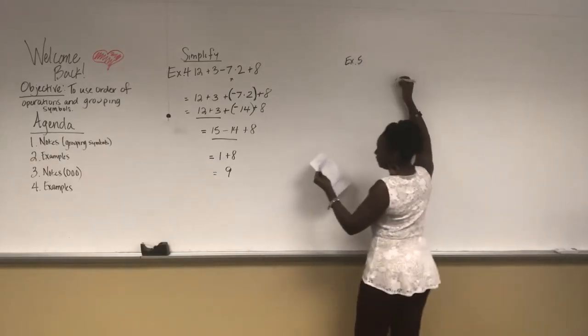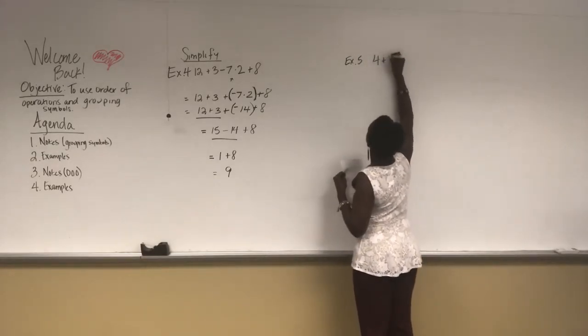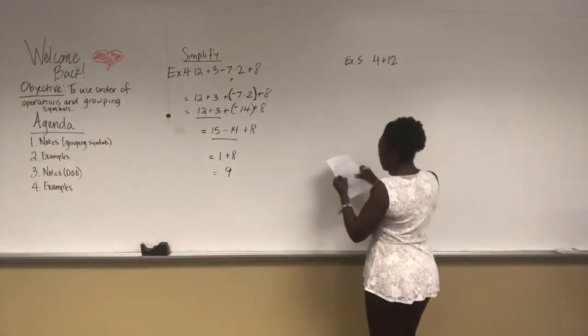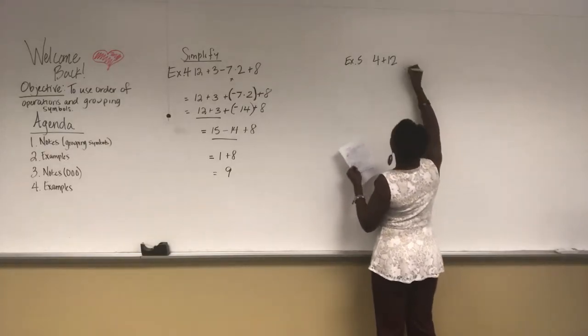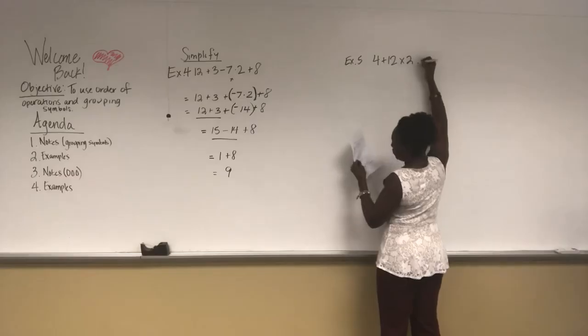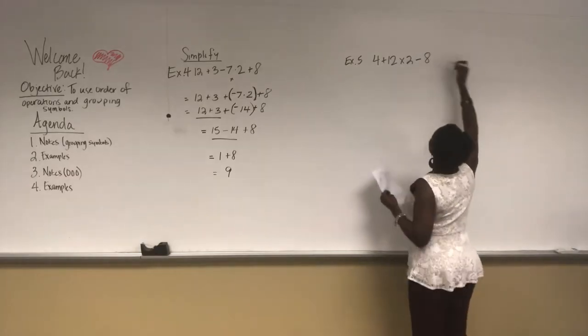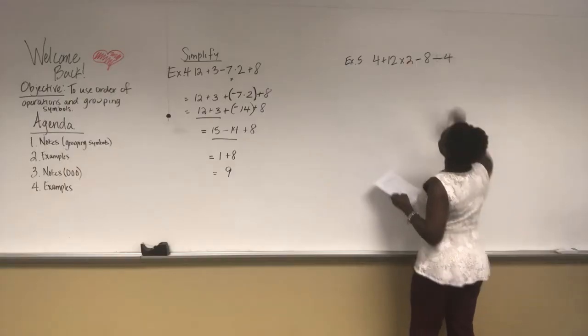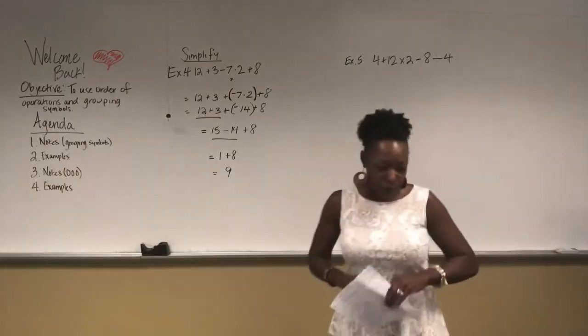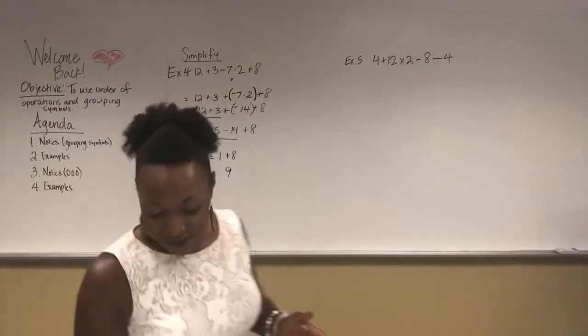Let's go with 4 plus 12 times 2 minus 8 divided by 4. We're still with the directions of simplifying. And I like this one because it has multiplication and division in more than one spot. So we can work on that left to right thing.